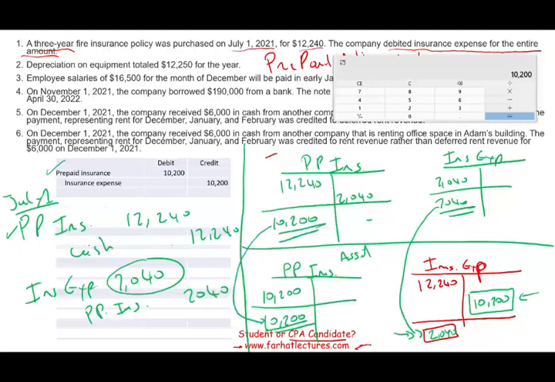Same thing, $10,200. But this is the proper way of recording the prepaid as a prepaid. So this is a prepaid adjustment. Usually if it's recorded properly from the beginning, we increase an expense and we reduce an asset. So when you adjust the prepaid, you are bringing the prepaid down and you are increasing the related expense.